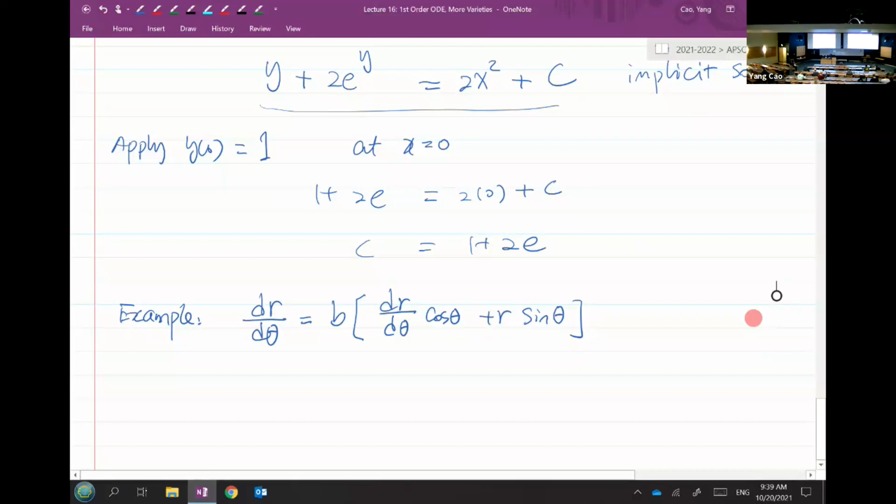So the first question, as I asked: is it linear or not? Don't be deceived by the appearance of this one.